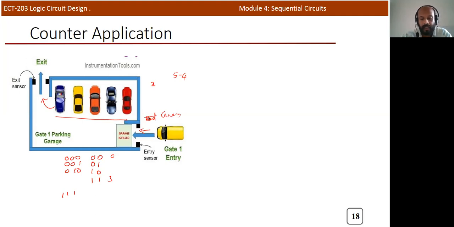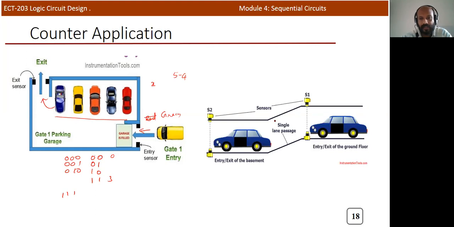In order to implement this, we need different kinds of sensors. At the entrance, you can see sensor 1 and sensor 2. These two sensors can transmit some kind of signal. Assume that when there is no vehicle, there is a signal, and here you will get an output high signal. When a vehicle enters, this connection will break, the signal will break, and your signal goes low.